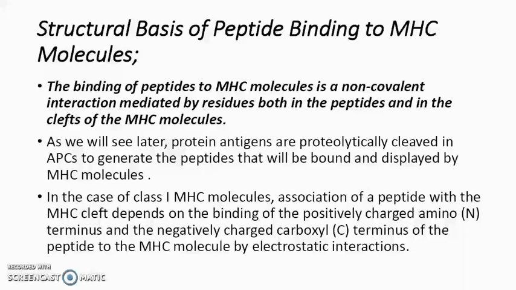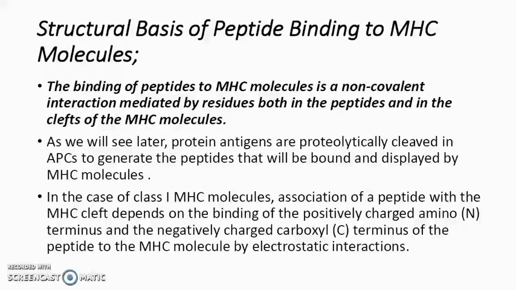Structural basis of peptide binding to MHC molecules. The binding of peptide to MHC molecule is a non-covalent interaction mediated by residues both in the peptide and in the cleft of the MHC molecule. As we will see later, protein antigens are proteolytically cleaved in antigen-presenting cells to generate the peptides that will be bound and displayed by MHC molecules.